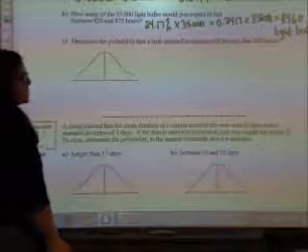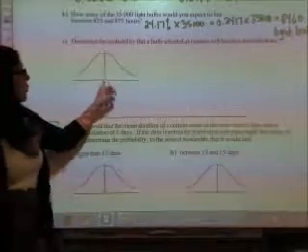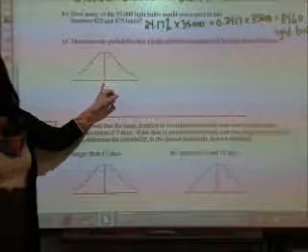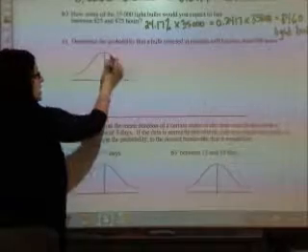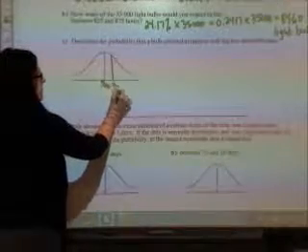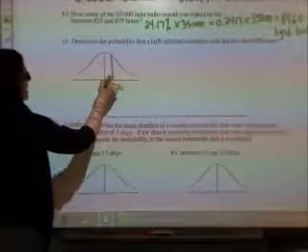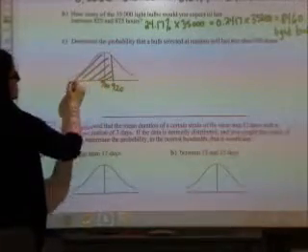Okay, if I look at Part C, it says determine the probability that a light bulb selected at random will last less than 920 hours. What is in the middle? 900. So then 920 would be to the right of that. And I want the probability that it will last less than 920 hours. So how do I figure that out?